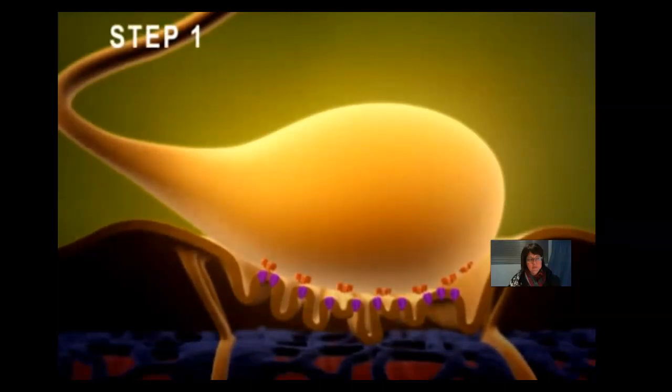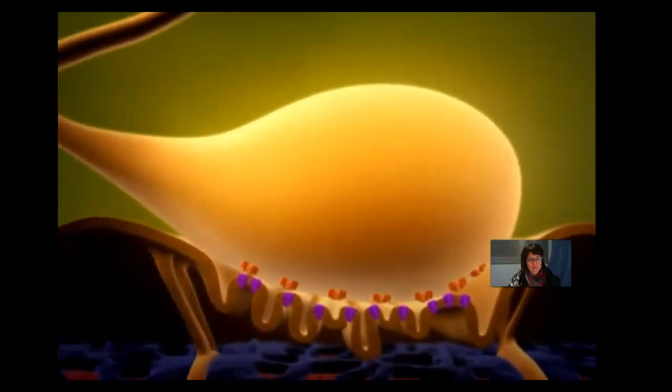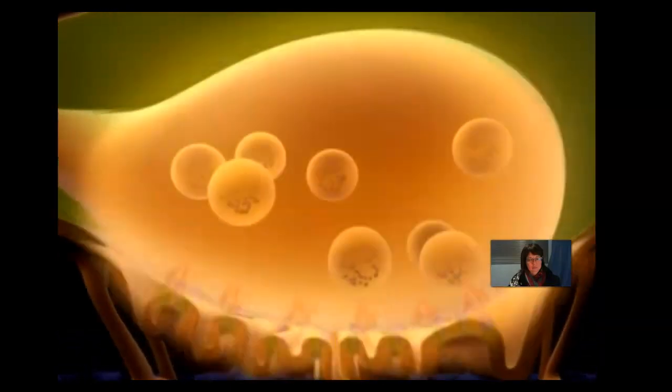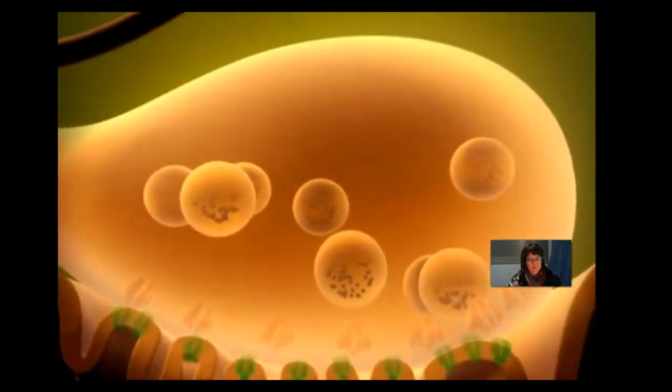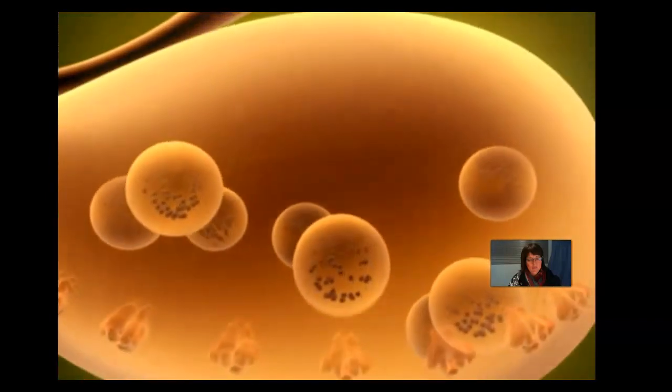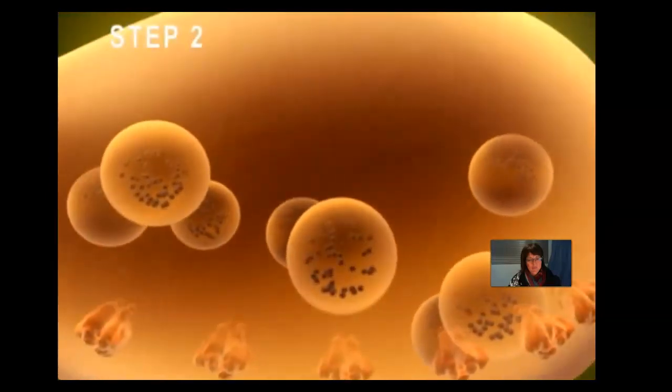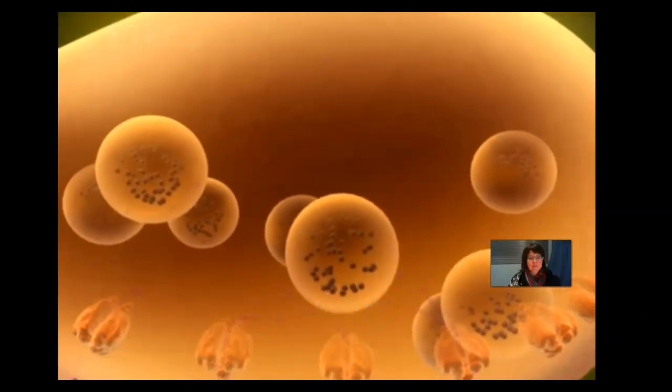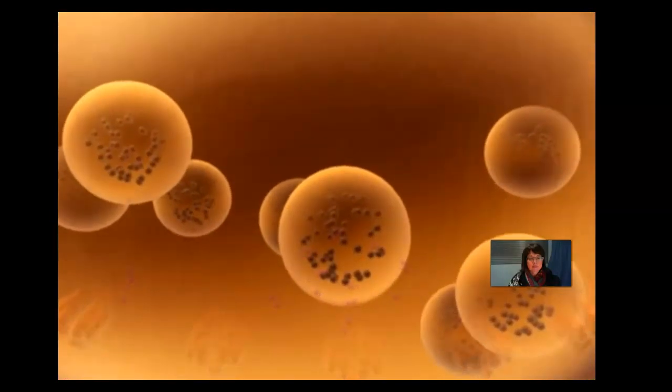Step 1. An action potential travels the length of the axon of a motor neuron to an axon terminal. Step 2. Voltage-gated calcium channels open and calcium ions diffuse into the terminal. Step 3.